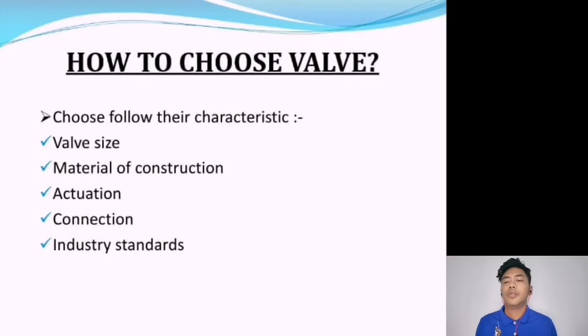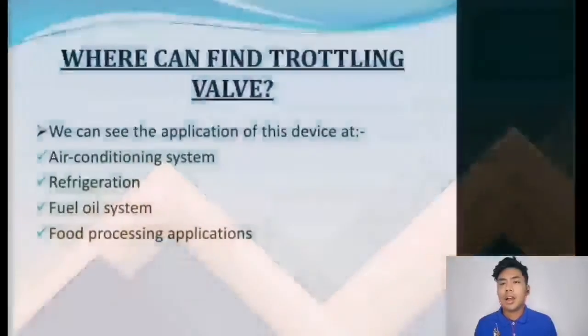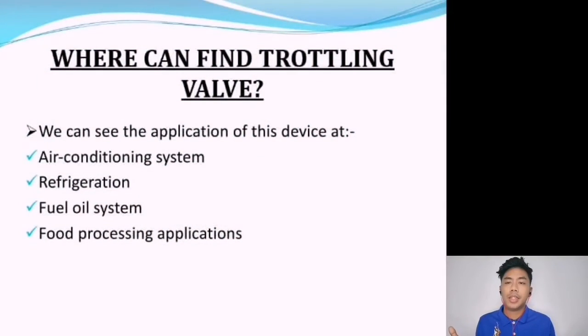We can choose the valve following their characteristics such as valve size, material of construction, actuation, connection, and industry standards. Next, where can we find the application of the throttling valve? We can see the application in refrigeration, air conditioning system, fuel oil system, and food processing application.